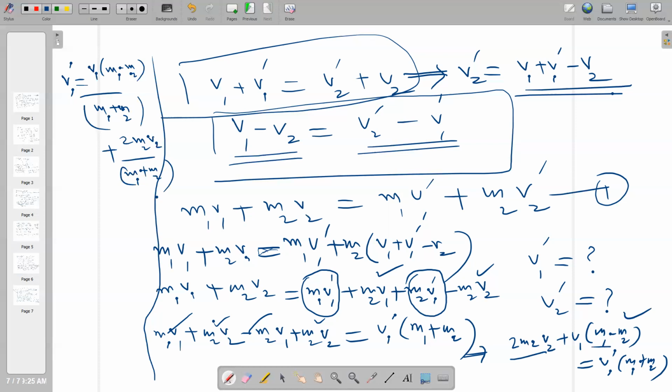The question is, when two bodies are colliding with each other, what do their velocities become after colliding?